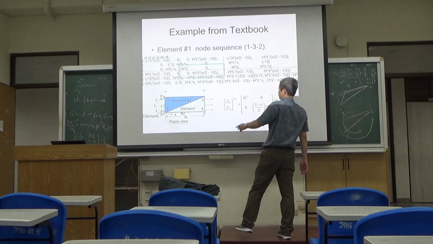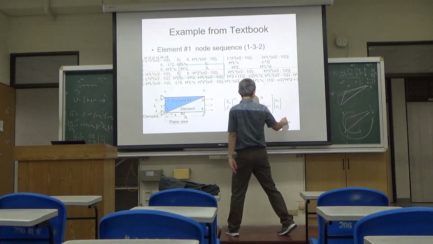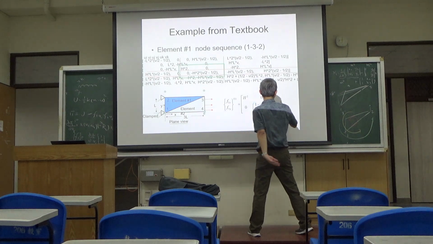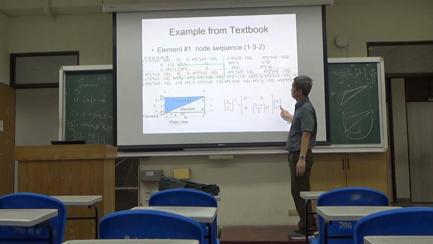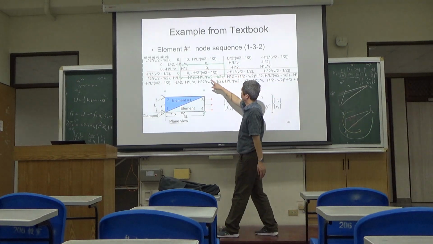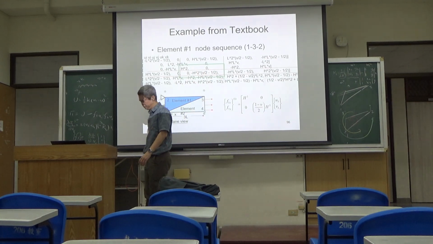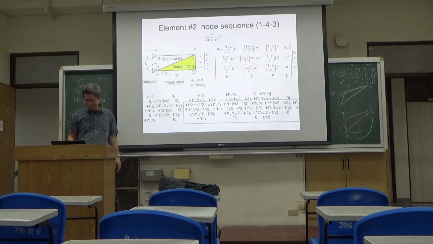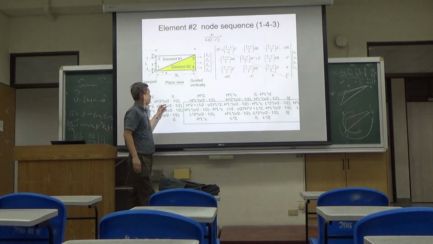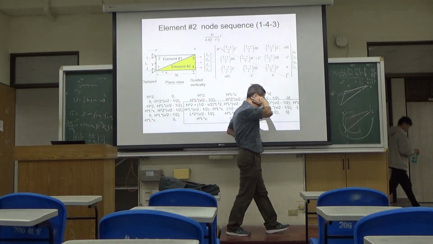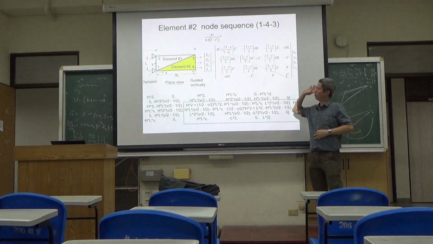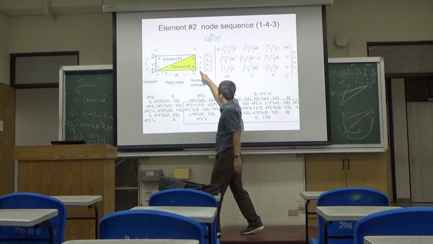For element 1, the only free node is node 3. U3 is non-zero, and it is associated with this 2 by 2 matrix. And then next, how about element 2? The only non-zero nodes are 3 and 4.